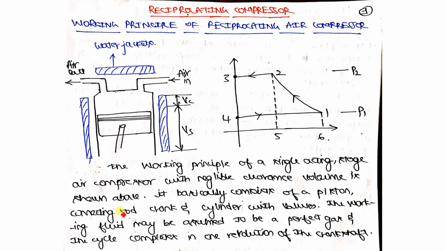So we will try to make this process from 1 to 2 isothermal in nature, where the temperature is constant throughout the process. Why? Because we want to improve the efficiency.